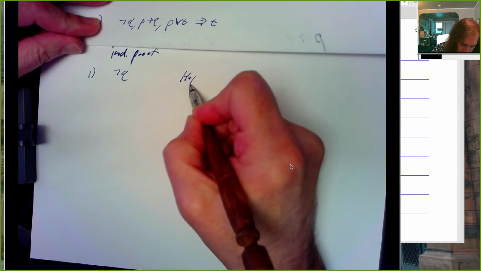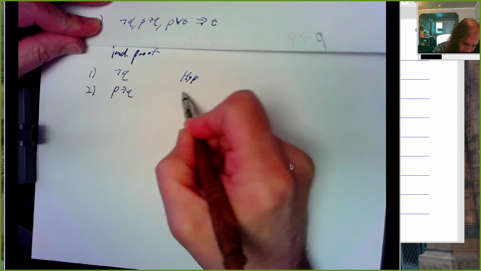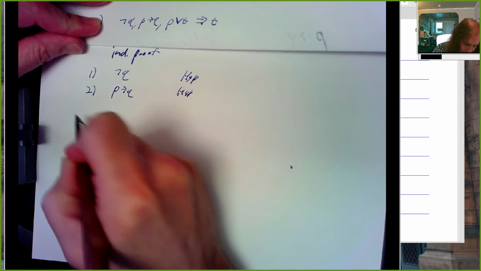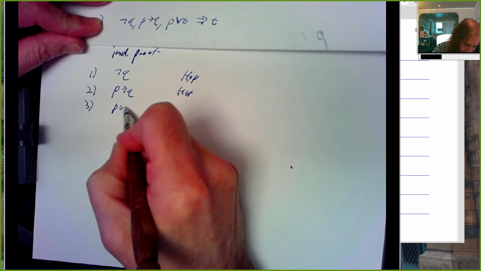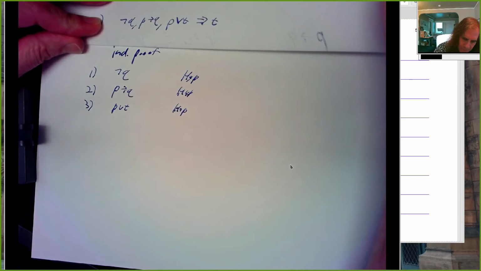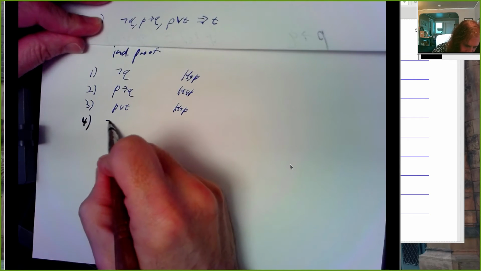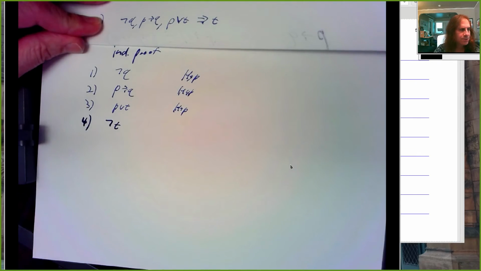So not Q, that's a hypothesis. If P, then Q, that's a hypothesis. P or T, that's a hypothesis. All right, now I'm going to write down the negation of the conclusion.